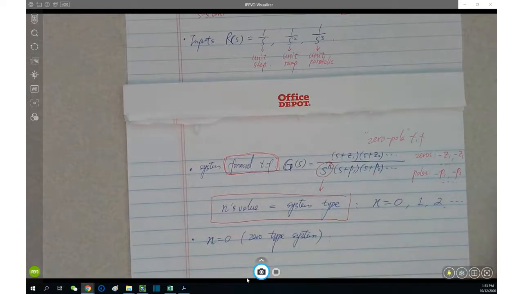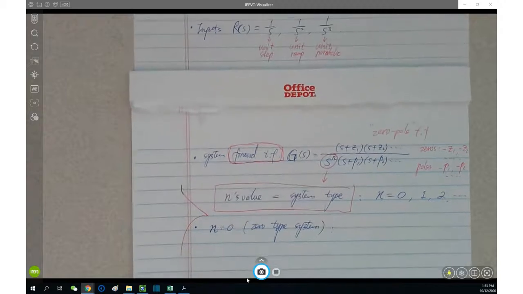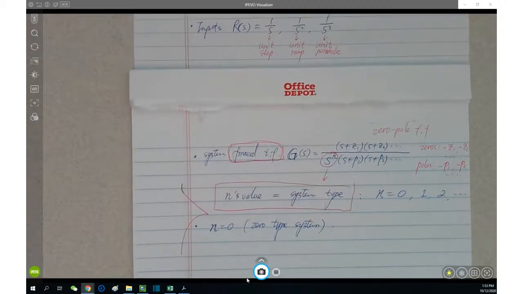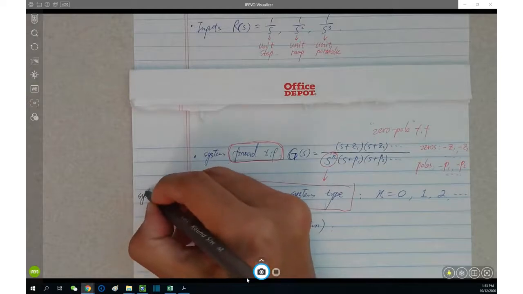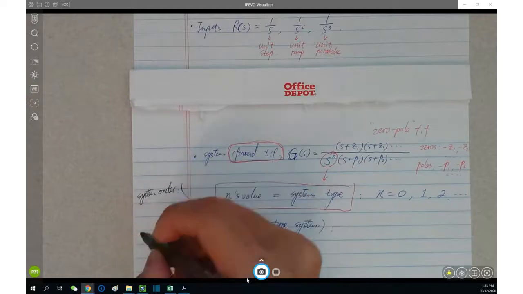Let's see what we're going to have. But before that, let's add something here. I want to differentiate the system type from another term regarding the system, the system order. We have learned the system order. It's different from the system type.